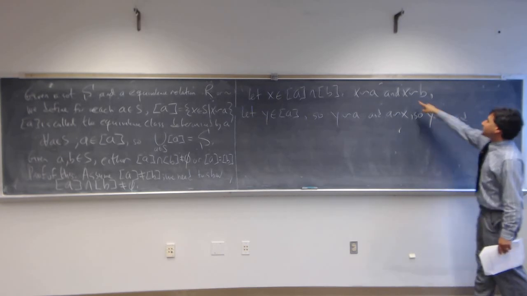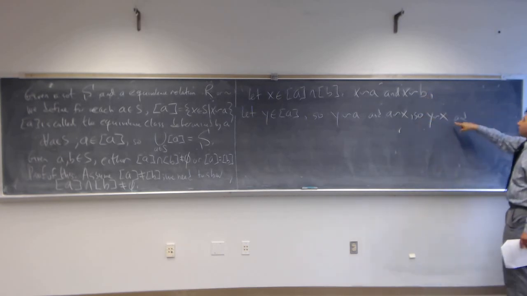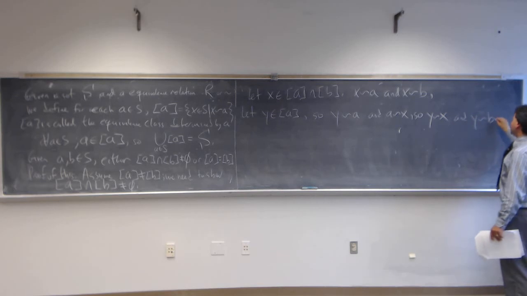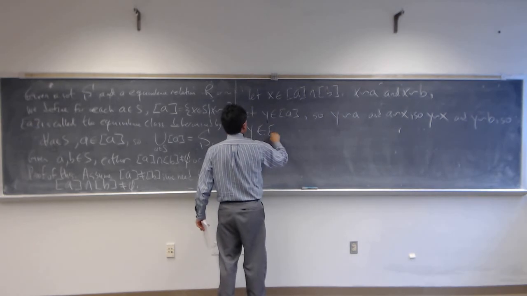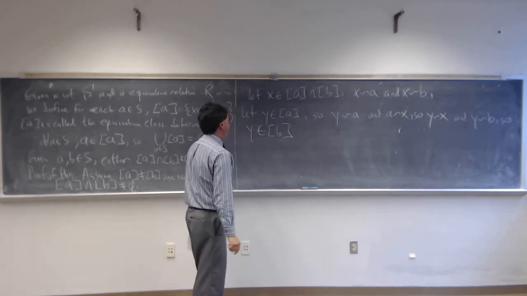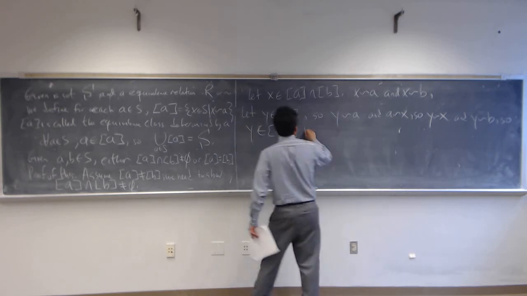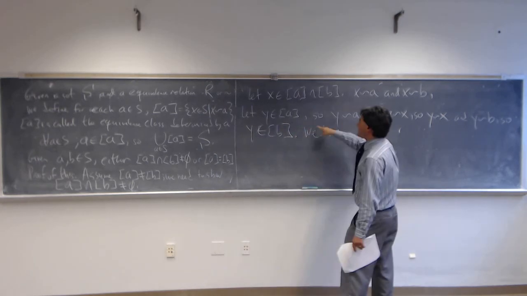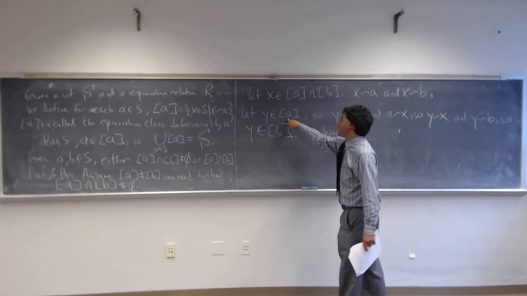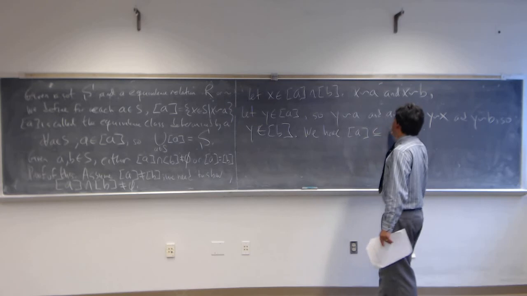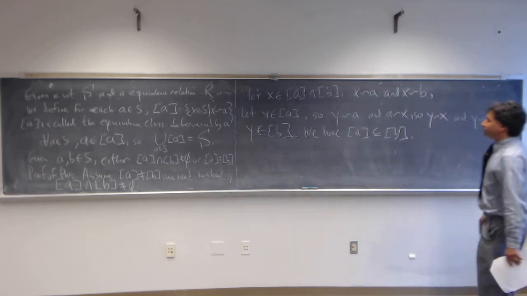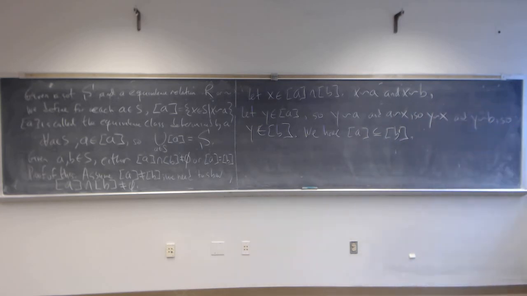But if y relates to x and x relates to b, by transitivity again, y relates to b, so y is an element in the equivalence class of b. So what have we shown? y is any element. What's special about y? Nothing. It's just any element in the class of a, and it has to be in the equivalence class determined by b. So the equivalence class determined by a is inside the equivalence class determined by b.